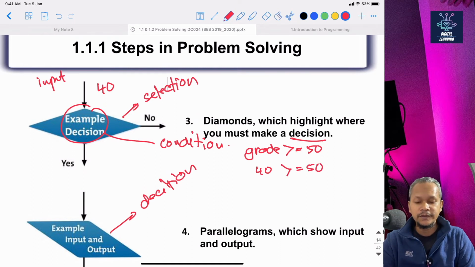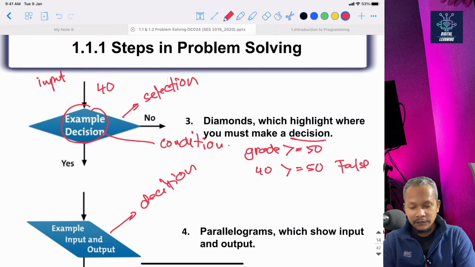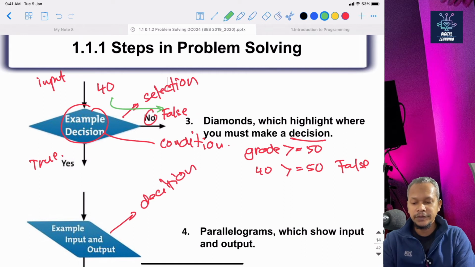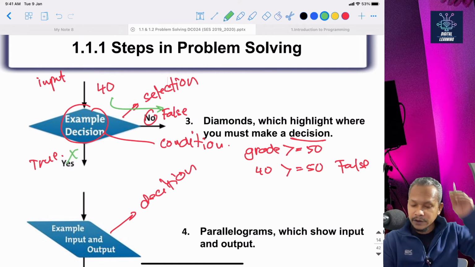True or false? False, isn't it? So false goes here, and true goes here. So the program will flow to false. So the program will not go there, right?